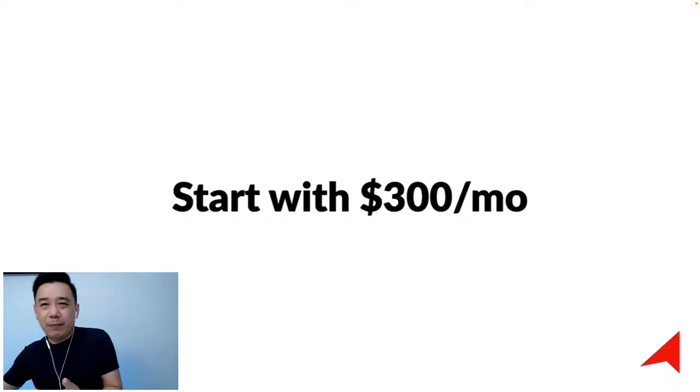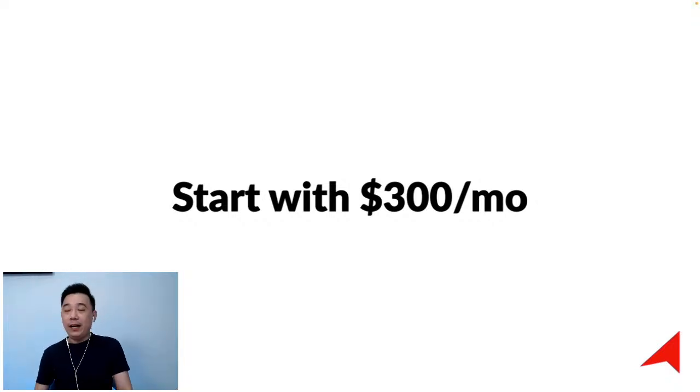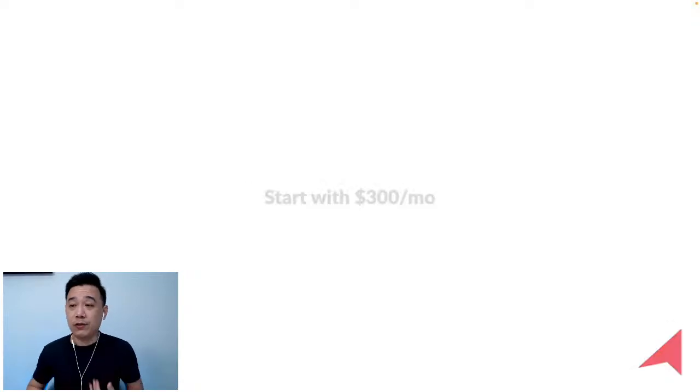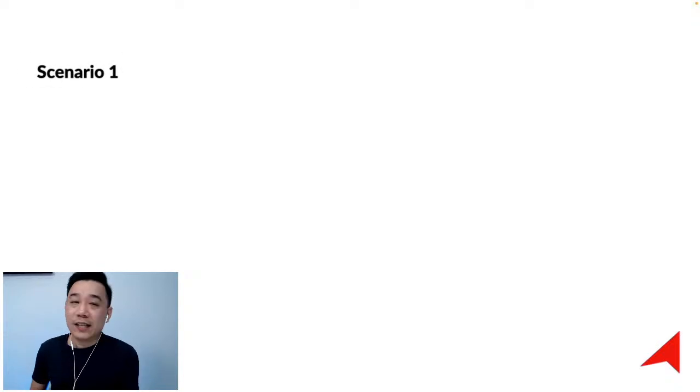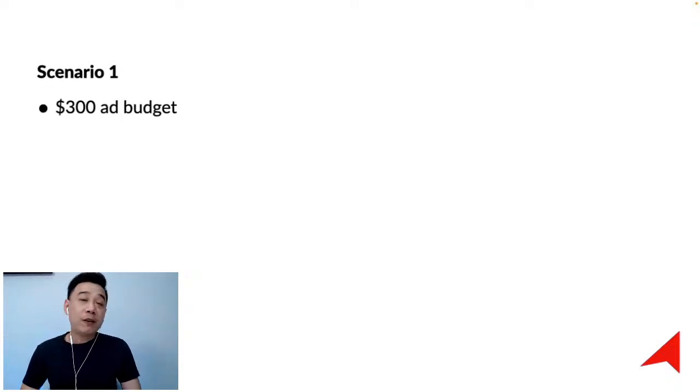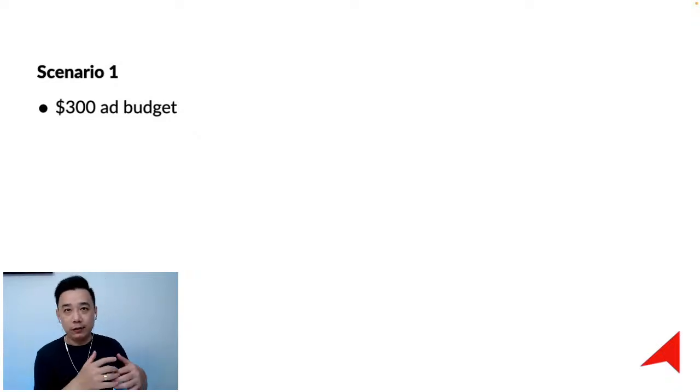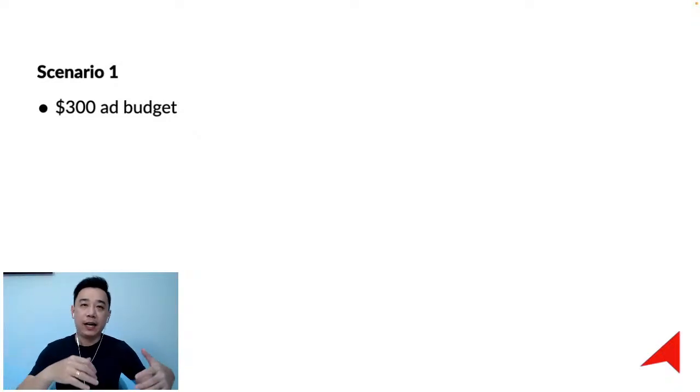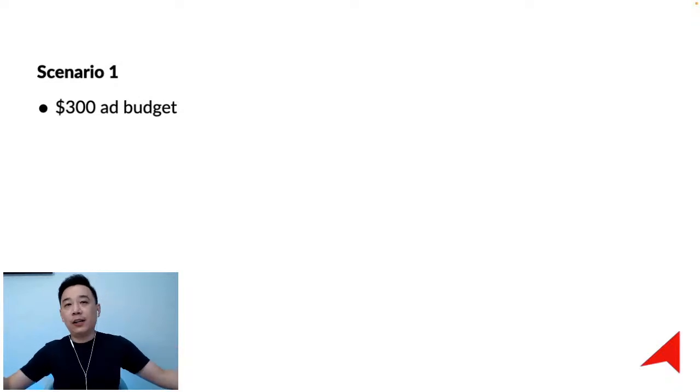Now, let's say we spend $300 a month. That's that. Okay, so if you spend $300 a month, you don't need to increase your budget, but let me give you the 2 scenarios over here. Now, first thing first. All right, so scenario 1. Scenario 1 is you spend $300 on ad. You run 1 ad, or you just run multiple, but essentially they are all cold targeting ads, targeting new people, for example.